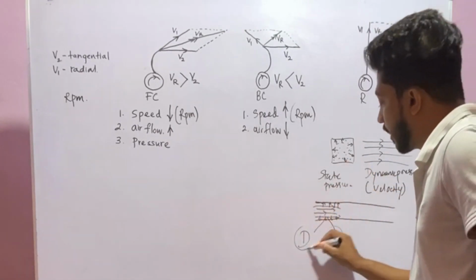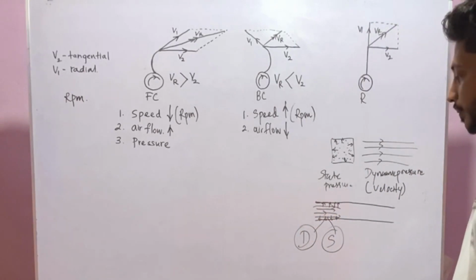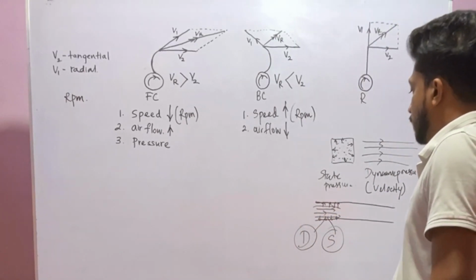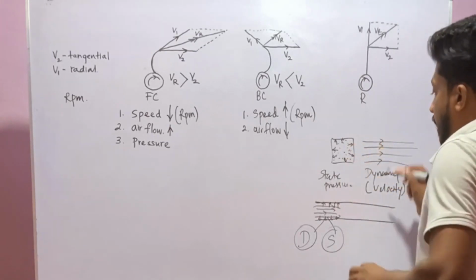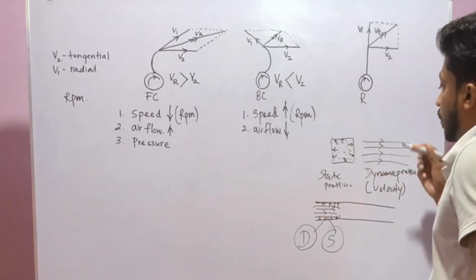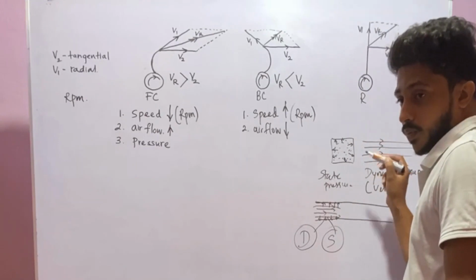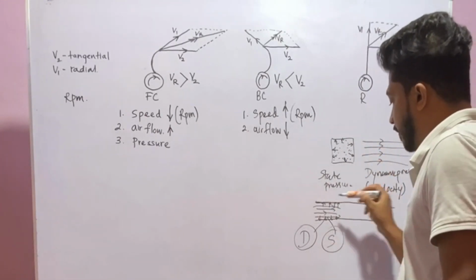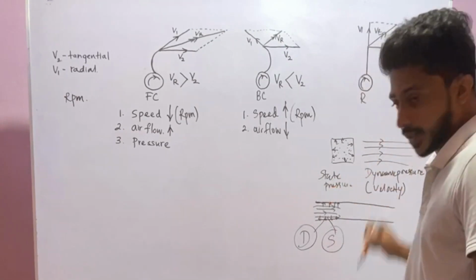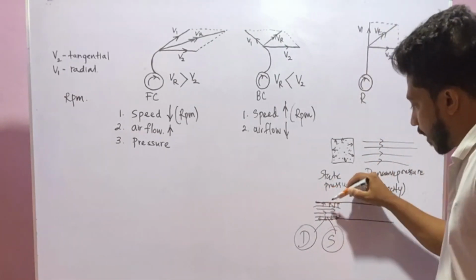Because of that, they have dynamic pressure also. In order to have some static pressure, velocity does not need to be zero. Okay, it does not need to be zero. If this air has velocity, it also has a static pressure.